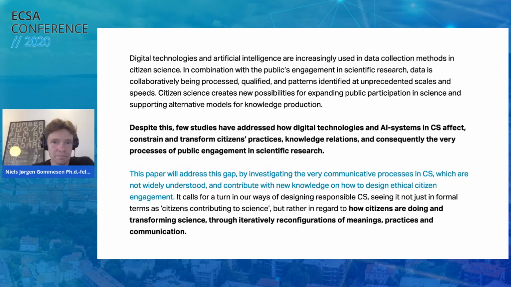And the paper I've contributed with tries to address how digital technologies and AI systems in citizen science affect, constrain, and transform citizens' practices, knowledge relations, and consequently the very process of public engagement in scientific research.